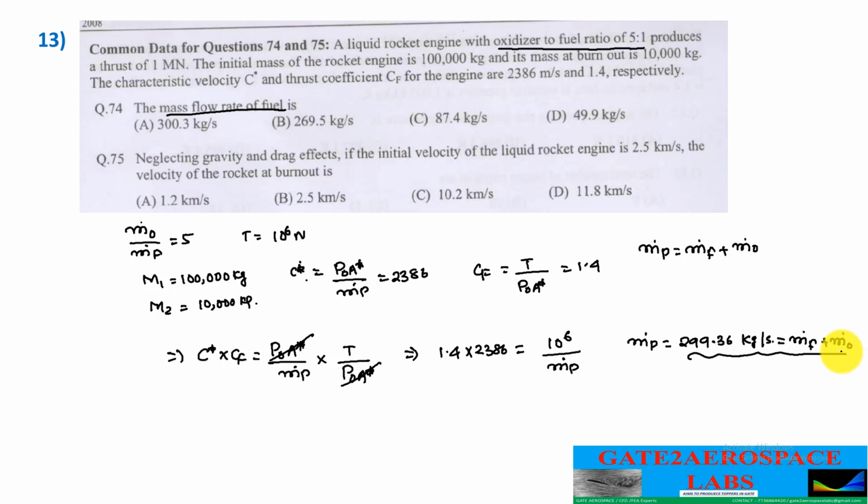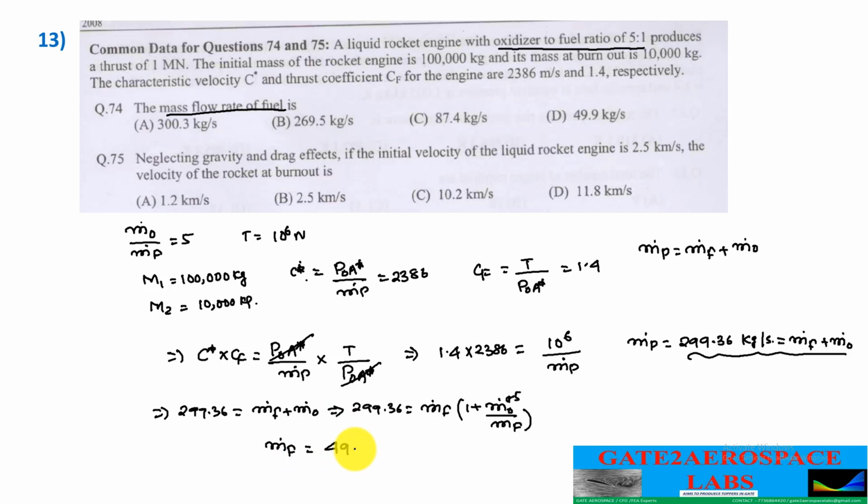Now we will use this equation. 299.36 equals mass flow rate of fuel plus mass flow rate of oxidizer. We take mF common, and this ratio we know it is given in the question. This is 5, so 5 plus 1 is 6. From here you will get the value of mF equals 49.89, and it is close to our option D.